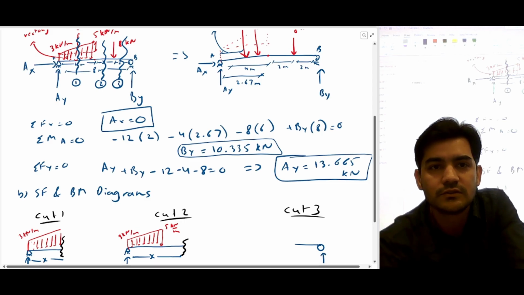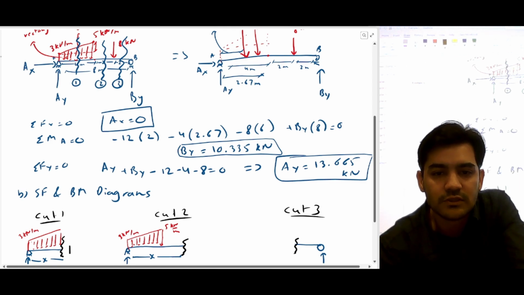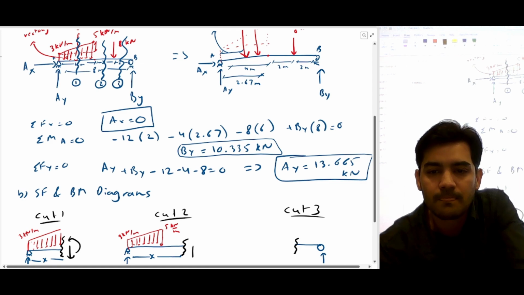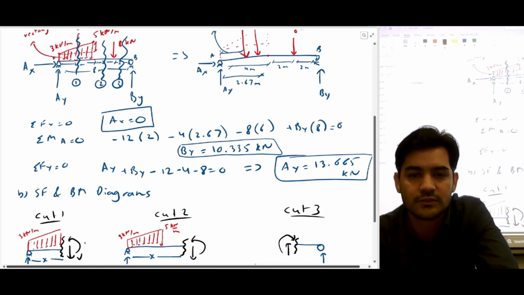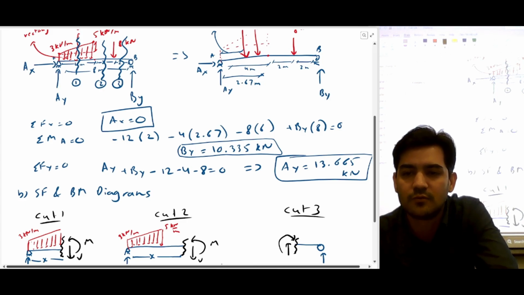This is the force, this is the cut. So these are the internal loads. This is shear force, this is bending moment, this is shear force, this is bending moment, and this is shear force and bending moment.